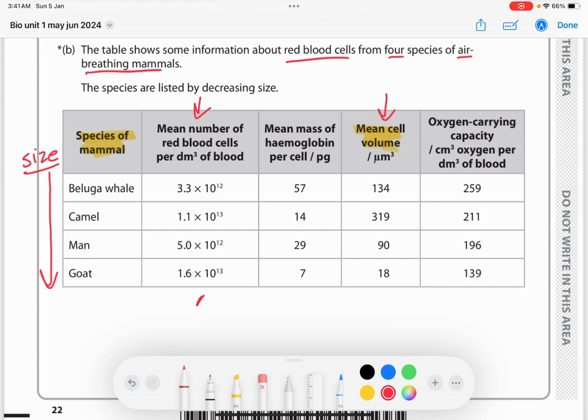Because when you look here, they're kind of inverse. Not, they're actually, I think they're both proportional. I forgot the word, but if one increases, the other one also increases. Directly proportional, yep.